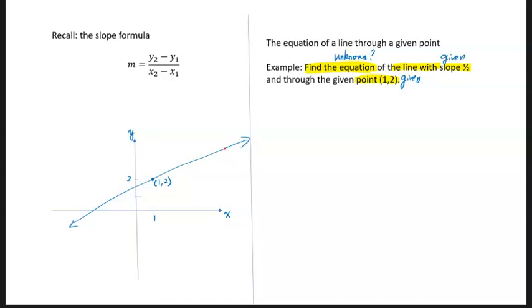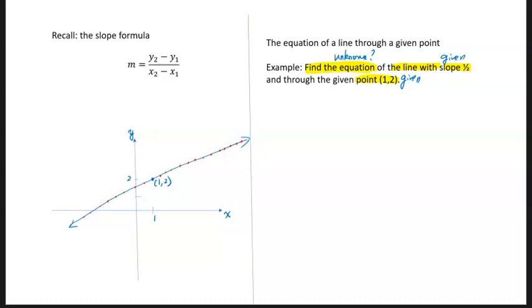I was just drawing a few of them, but that's not all. That's just some of them. But any of these will be a solution of the algebraic equation we're going to find.